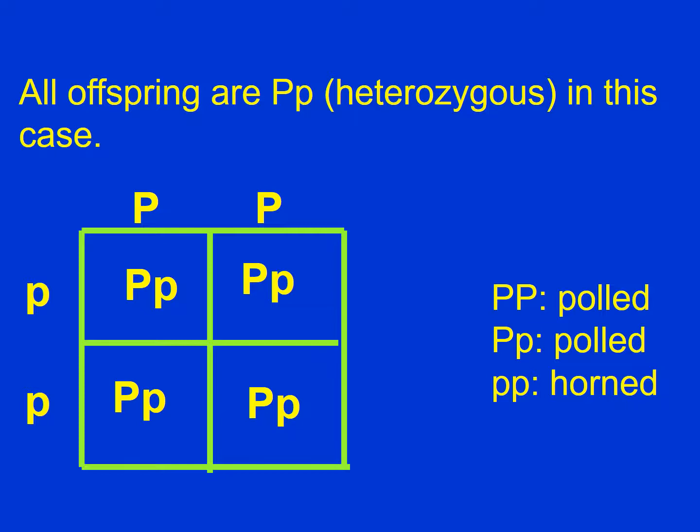The cow is going to give the horned gene to each of her offspring. And because we're getting the polled gene from the bull and the horned gene from the cow, all the offspring are going to be identical. We would expect all of them to be polled, but all of them to be carriers for the horned gene.